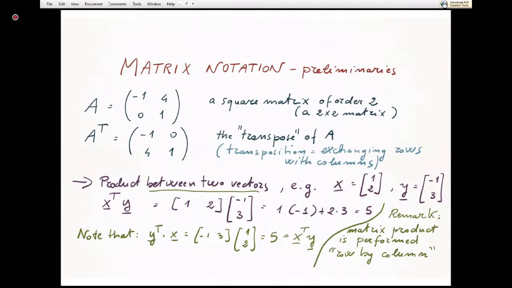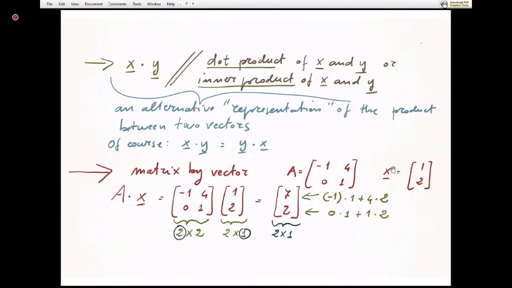Look at the vector structure inside a matrix. You can regard this as 2 row vectors or 2 column vectors. This is a very useful perspective on matrices because it helps a lot with matrix operations and to interpret the result. So if you want to multiply A times X, regard this as 2 rows, and this by a column.